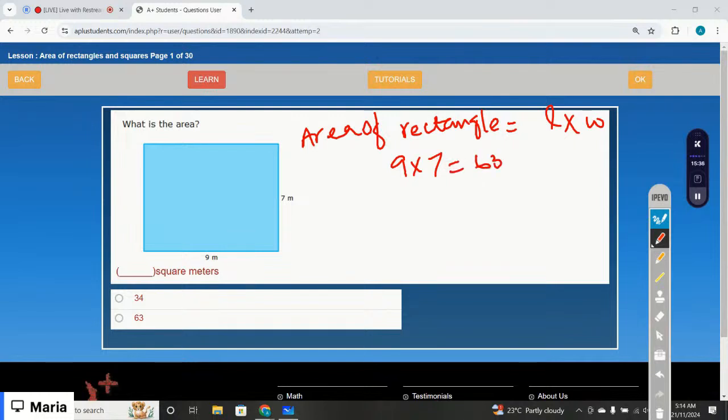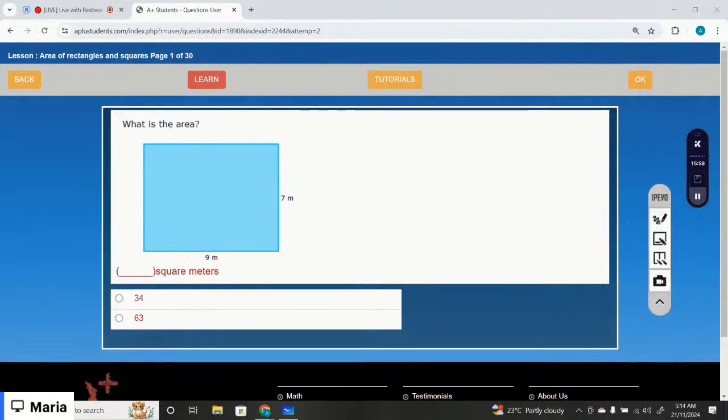So the correct option is option number 2. That is 63.